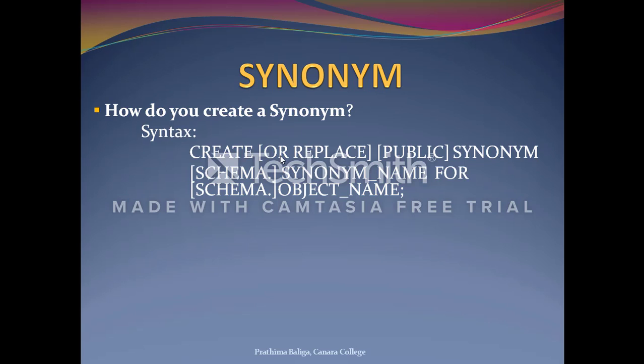Then followed by the keyword for and the name of the database object for which we want to create a synonym. The name of the object could be of a table or a package, a view, a sequence, a function, or a synonym itself. Now let's see an example.